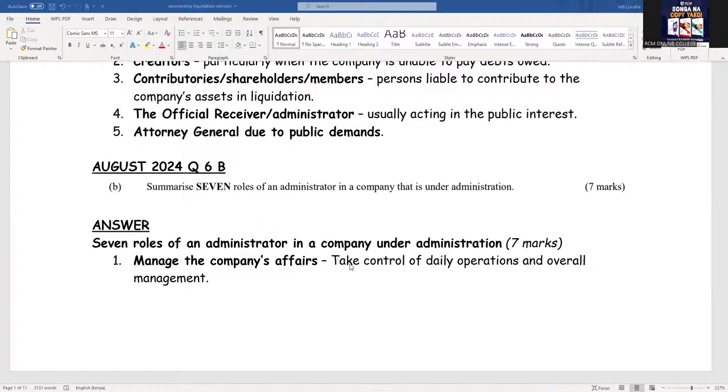When you talk about administration, it's like taking the company to the hospital. It is very sick in the sense that it's not even able to service its liabilities.